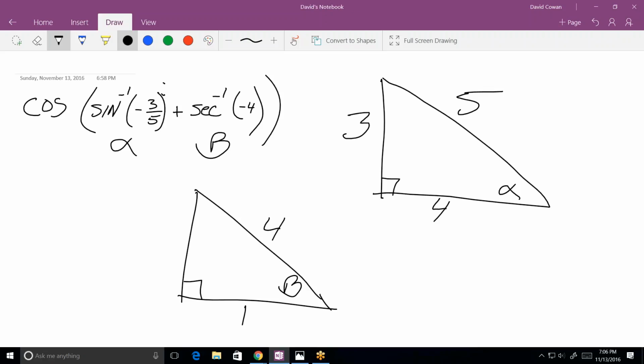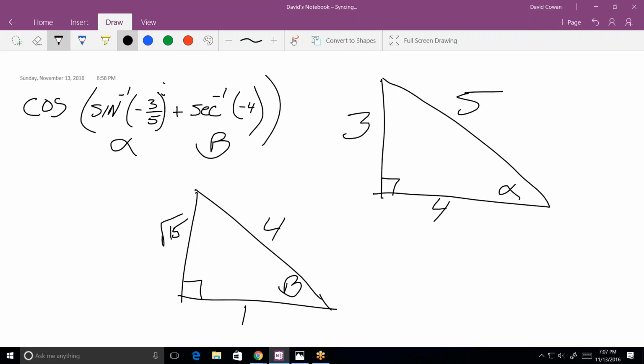Well, this side over here has to be what? Square root of 8, which is 2 root 2. You with me? Wait, how'd you get the 2 root 2? Oh, sorry, I made a mistake. It's the square root of 16 minus 1, so it's the square root of 15. Okay. All right.